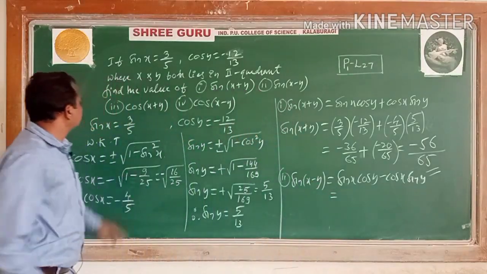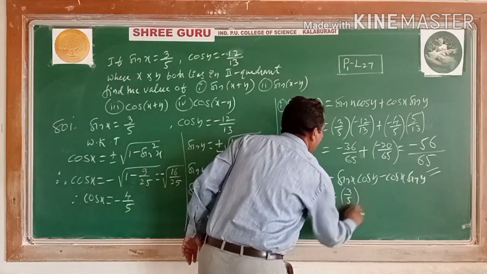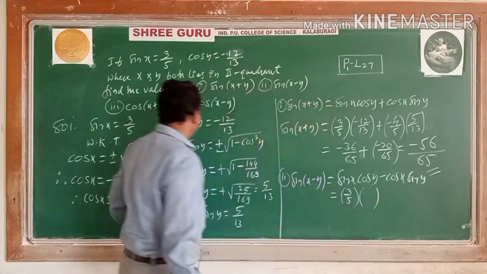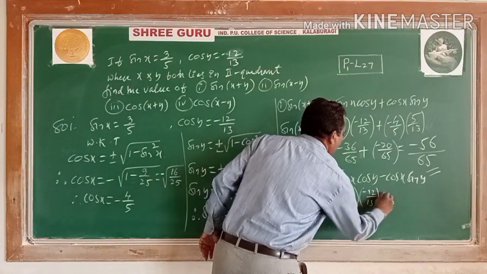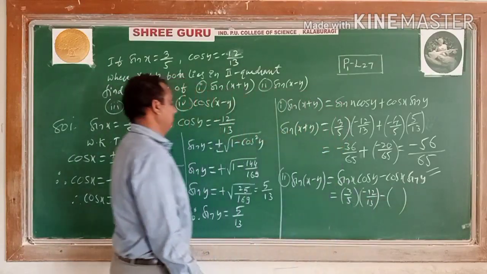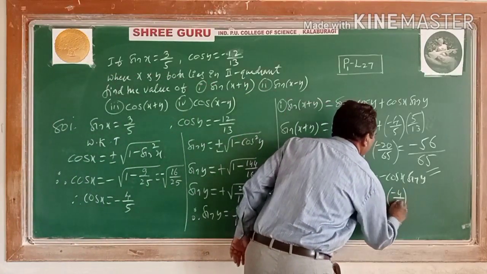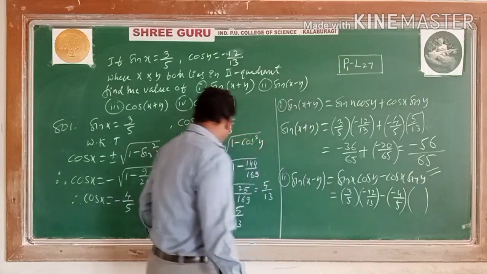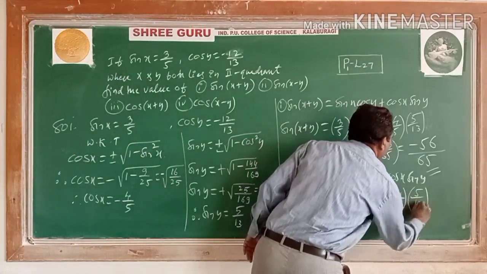Sin x is 3 by 5. Cos y is minus 12 by 13. Minus of cos x, which is minus 4 by 5, and sin y is 5 by 13.